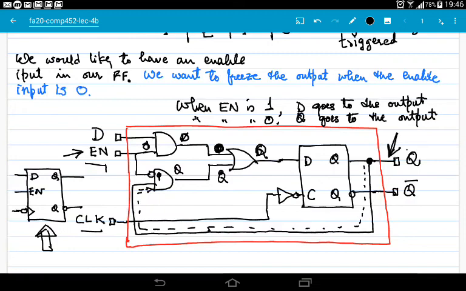So with this we complete our discussion of latches and flip-flops, and I can tell you that there is a TTL logic family chip. I think it's 74X74. It's a flip-flop.